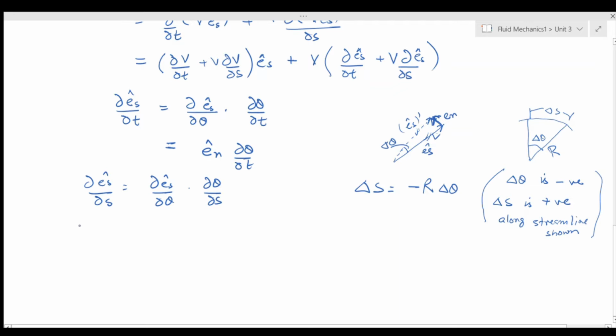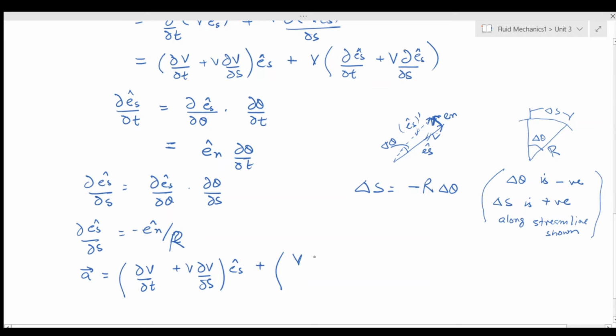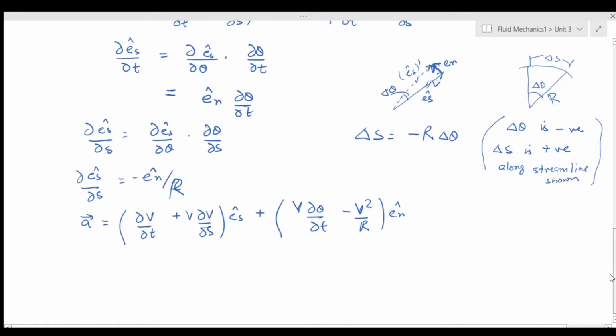If that's the case, then I would get del Es by del S equals minus En by R, where R is the radius of curvature. If I now substitute all of these values back in my acceleration, small a, I would get del V by del T plus V del V by del S. This is the Es component of acceleration, and V del theta by del T minus V square by R En. This is the En component of acceleration.